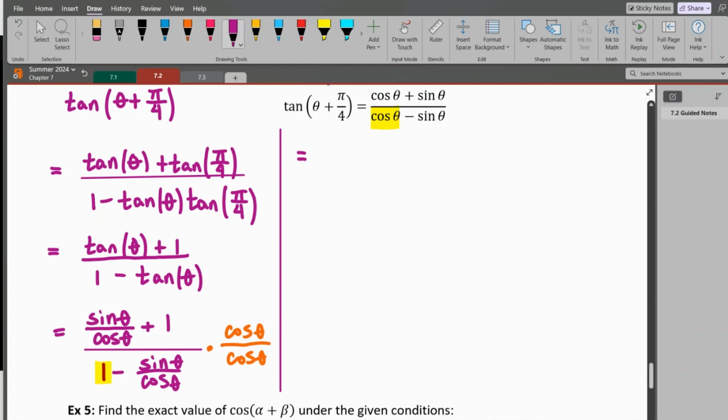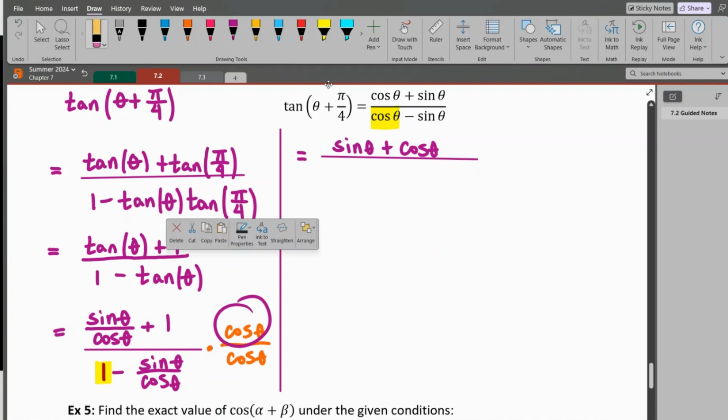If we do that, this actually does simplify very nicely. Let's see what we get. If you take sine theta over cosine theta and multiply it by cosine theta, you just get sine theta because the cosines cancel. Similarly, cosine theta times 1 gives a plus cosine theta.